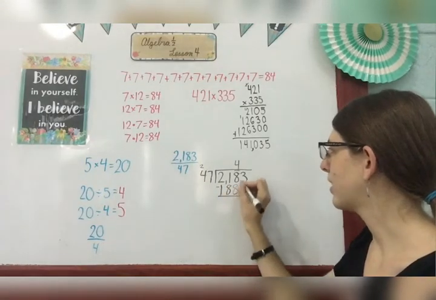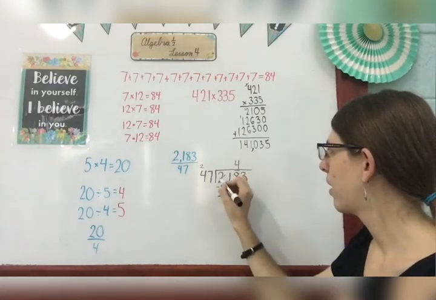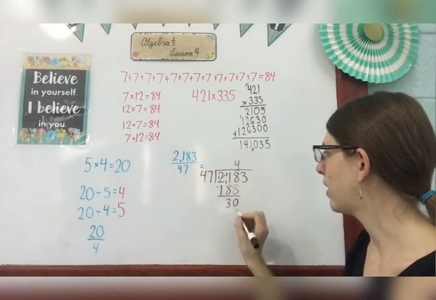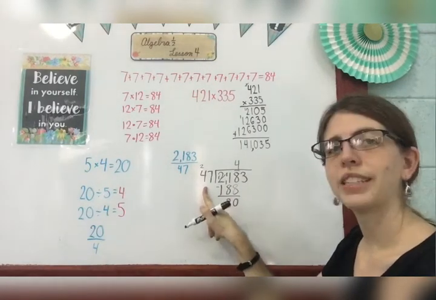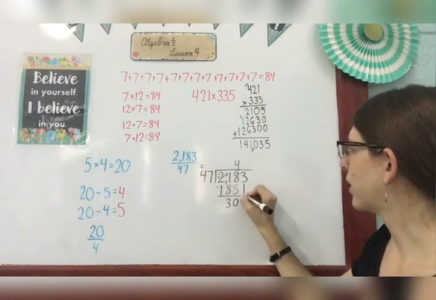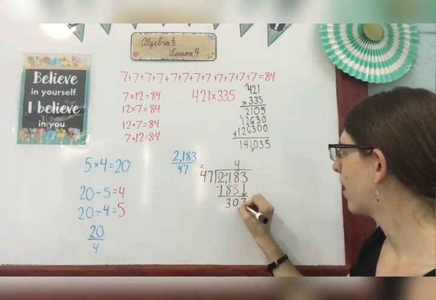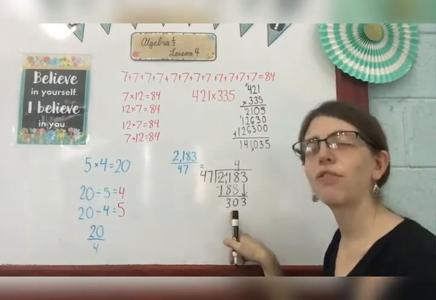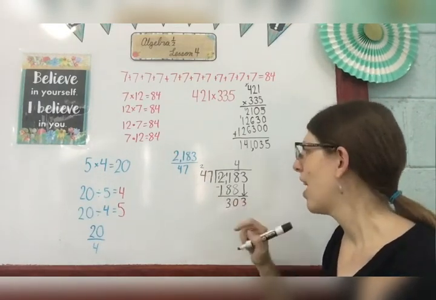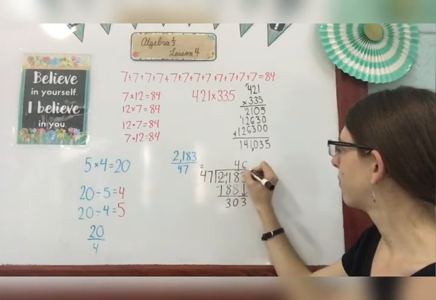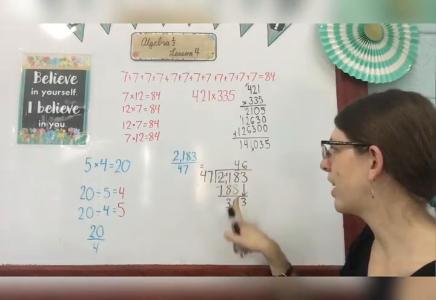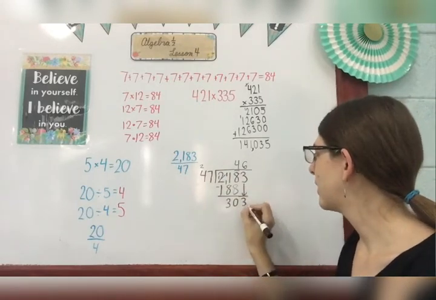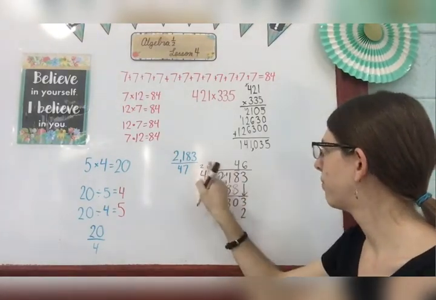Now we subtract. 8 minus 8 is 0. Borrow. 11 minus 8 is 3. 1 minus 1 is 0. Is 30 less than 47? Yes, it is. So now I'll bring down my 3. How many times, remember we're going to guesstimate 5, how many times would 5 go into 30? About 6 times. So we're going to guesstimate that 47 can go into 303 about 6 times. 6 times 7 is 42.